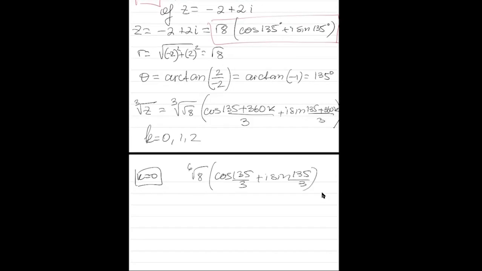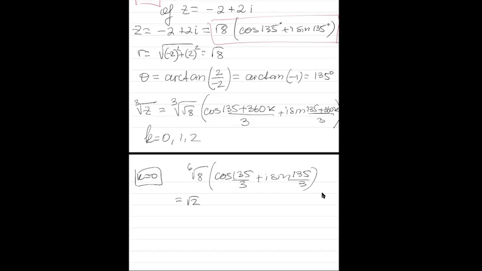How about we start k equals 0, 1, and 2. So if k equals 0, let's start and simplify. For k equals 0, we're going to have 6th root of 8 and then cosine 135 over 3 plus i sine 135 over 3. Simplify that. 6th root of 8 is actually root 2.